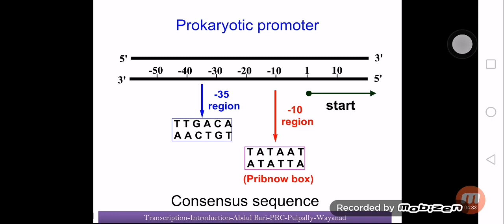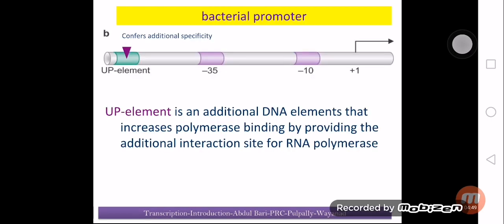So these are the consensus sequences usually seen in the prokaryotic promoter, and they are important for the gene to be recognized by the RNA polymerase and also the transcription factor for transcription. Here another element is also introduced, what we call the UP element. These are additional promoter sequences which have an additional effect on transcription initiation.